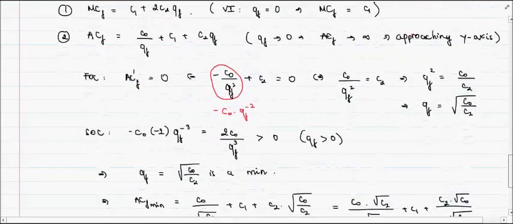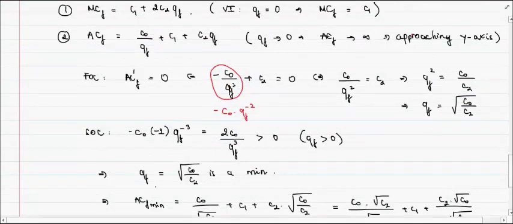To check this, if you substitute the value of QF, which is equal to square root of C0 on C2, back into the marginal cost function, then you find that the marginal cost is going to be equal to the value of the average cost at the minimum point.